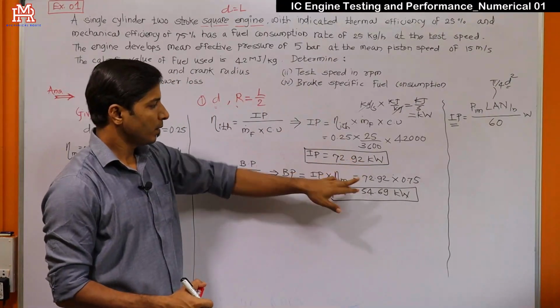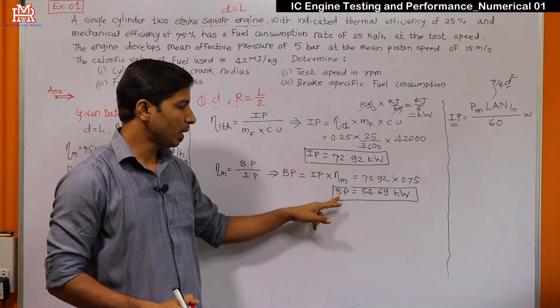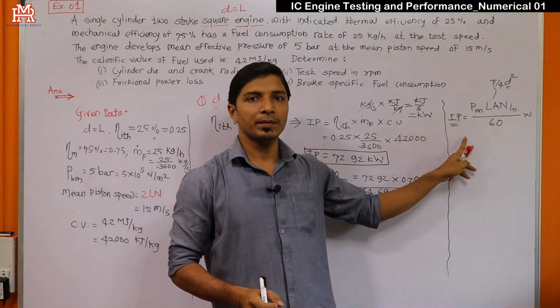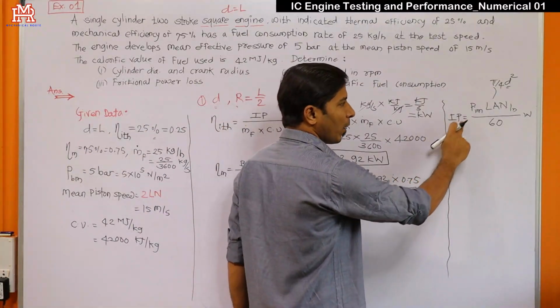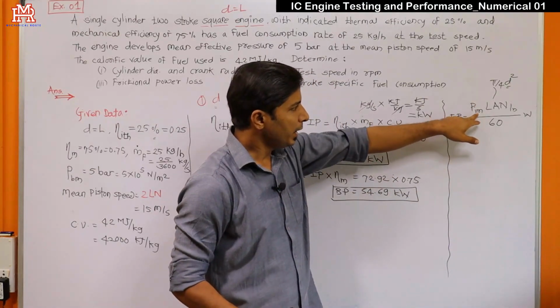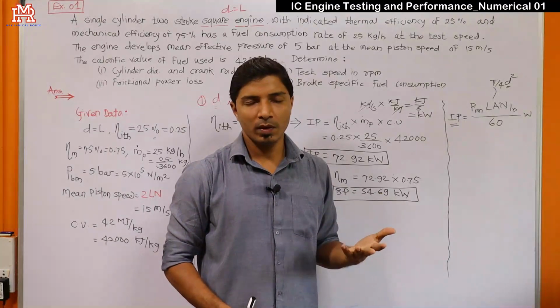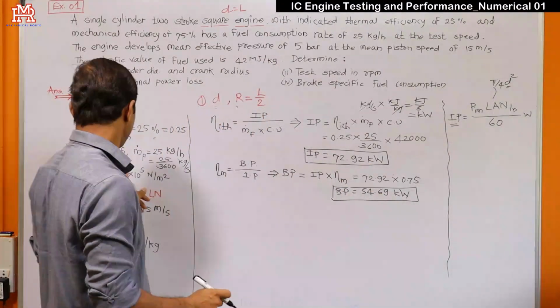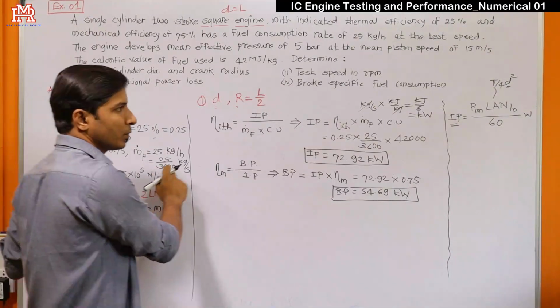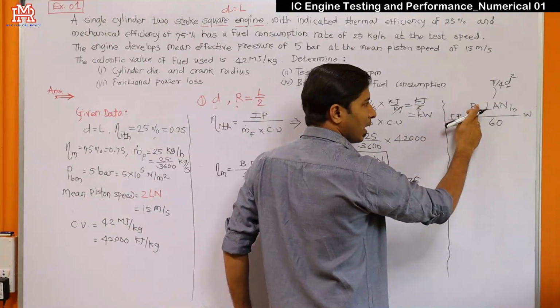Okay, so I have got this value for IP and for BP, brake power. Now again you can turn toward this formula. Indicated power is equal to PIM LAN. See, indicated mean effective pressure is not given, but brake mean effective pressure is given. Right? So PBM is given. So there is one formula.